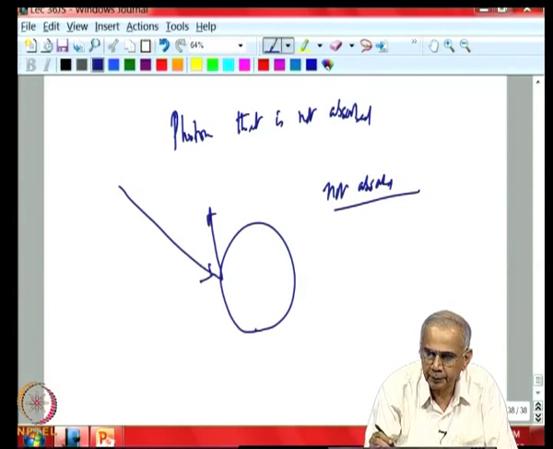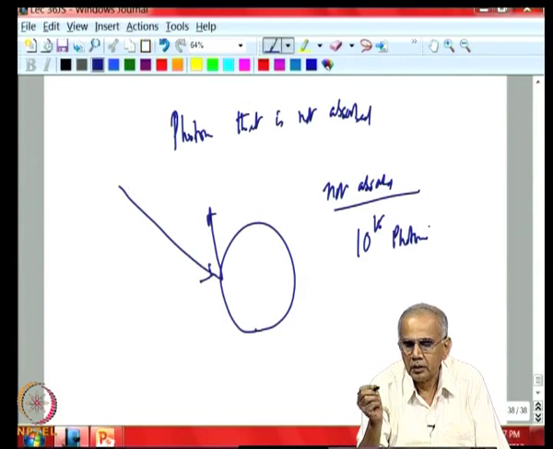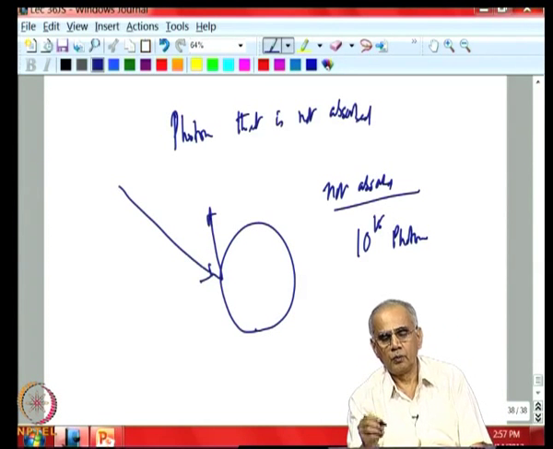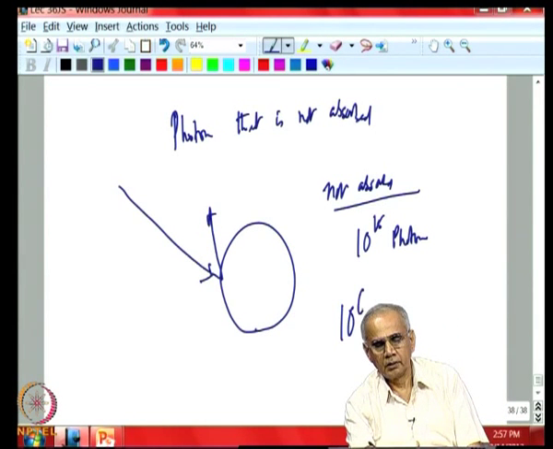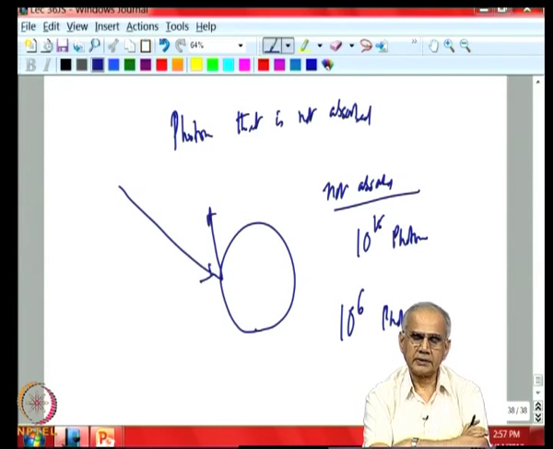Now, we mentioned that typically solar radiation that is emitted has of the order of 10 to the 15 photons. So, you might wonder why people make do with a million photons. The answer to that depends really on your sampling strategy.